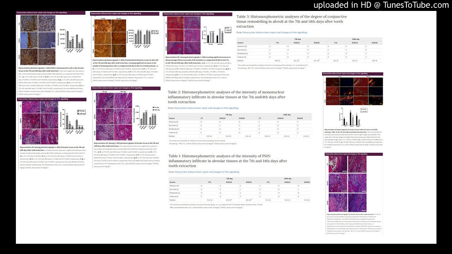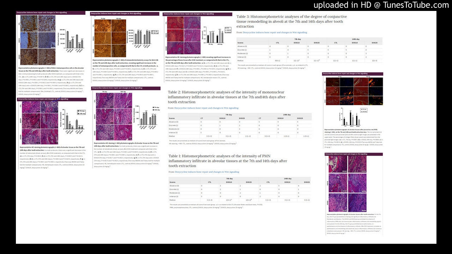Figure 3. Representative histaining, times 400, photomicrographs of alveolar tissue on the 7th and 14th days after tooth extractions. For both protocols, there was a significant increase in the number of osteoblasts, black arrows, after DOX treatment compared with that in the CTL.